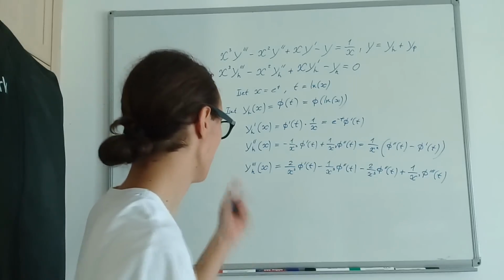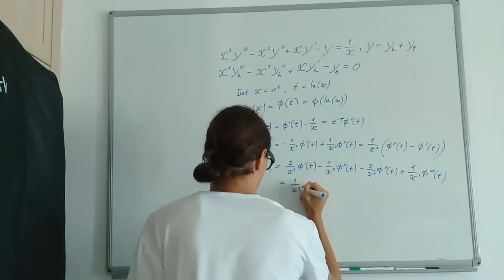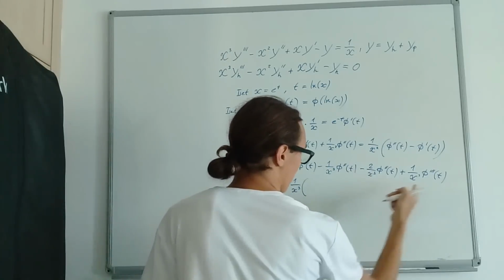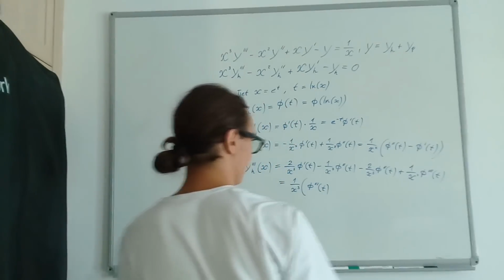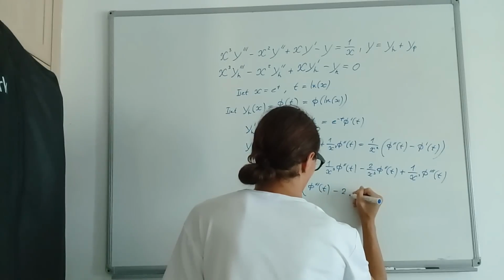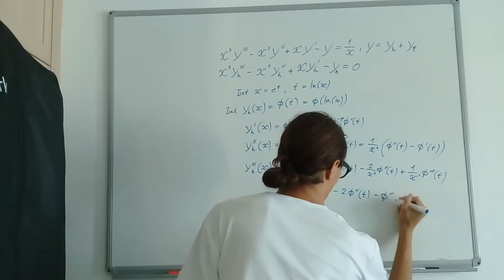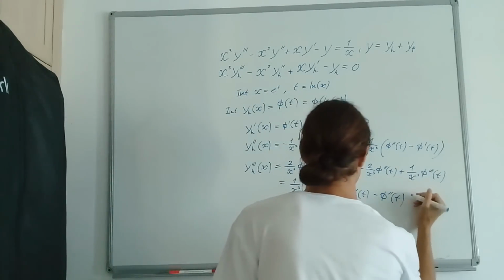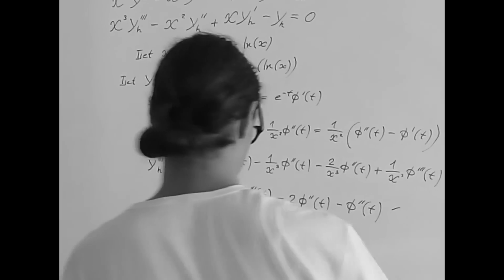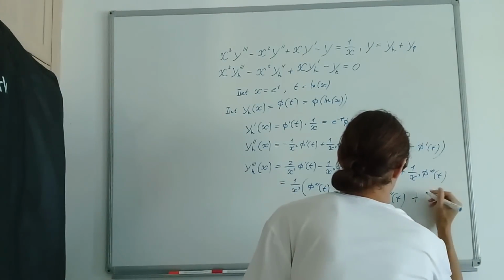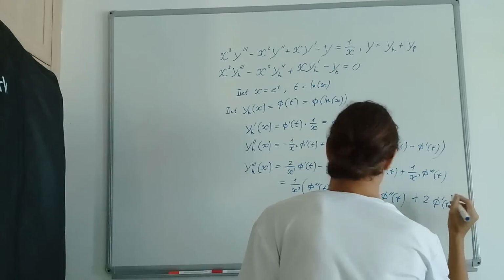So here we can just factor out the 1 over x cubed, and we can put the higher order term first: phi triple prime of t minus phi double prime of t minus phi double prime of t, minus... I'm done, plus 2 phi prime of t.